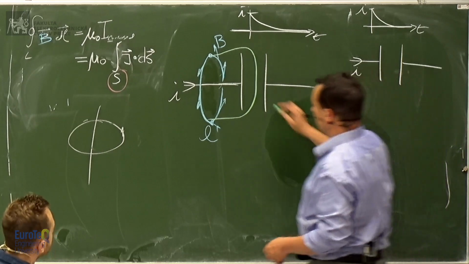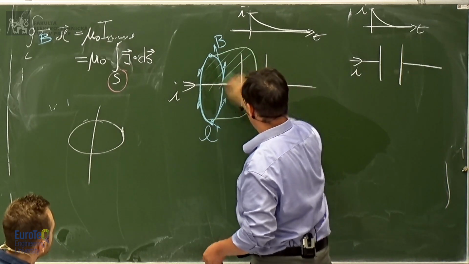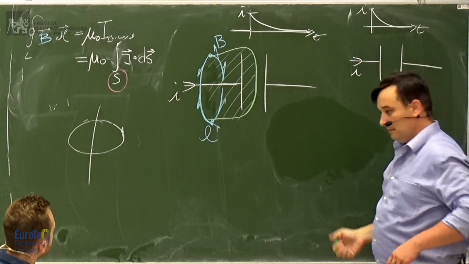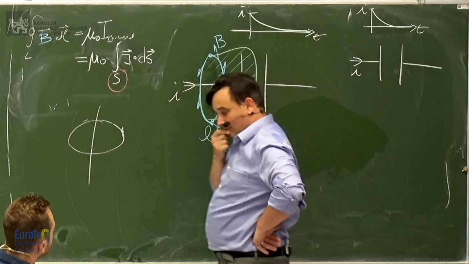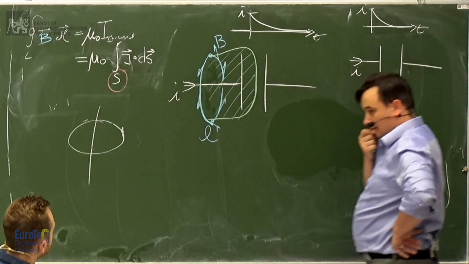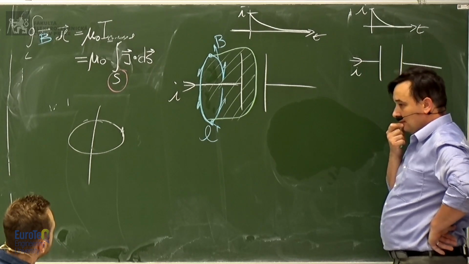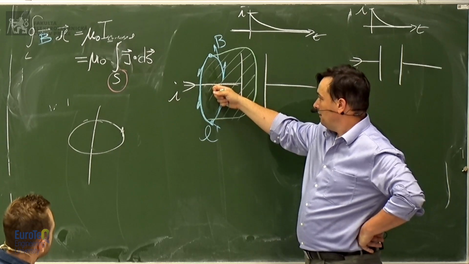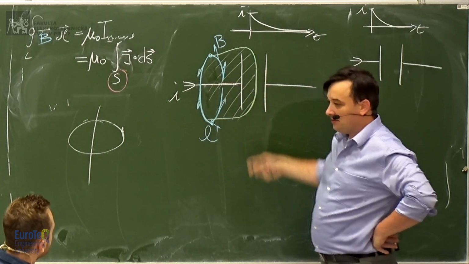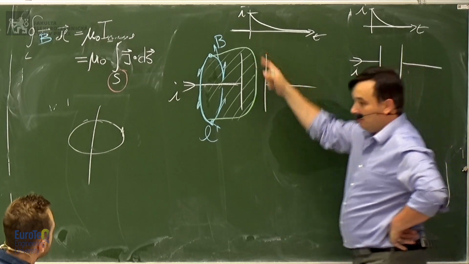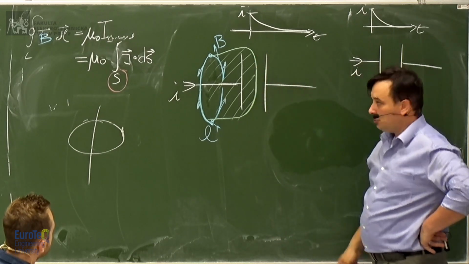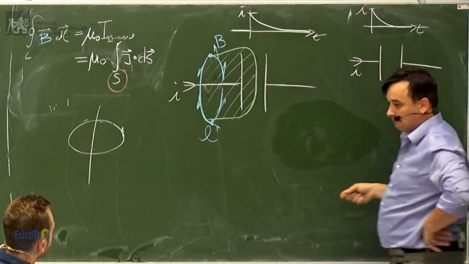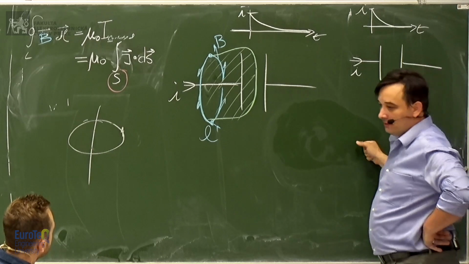Now, I'm asking you, how much is the current which crosses the surface? The current enters here, right? But it never leaves the bag. The charges arrive there, and they are stored on the capacitor. Correct?